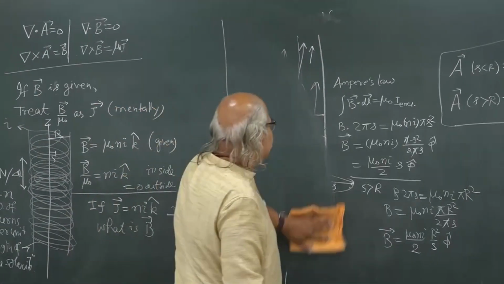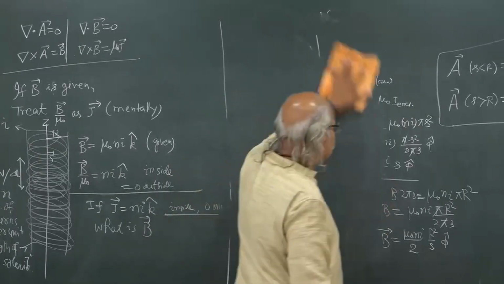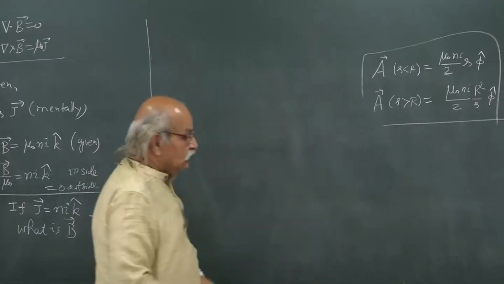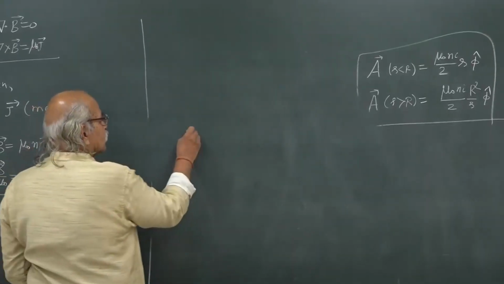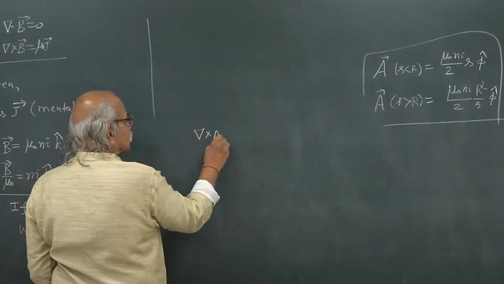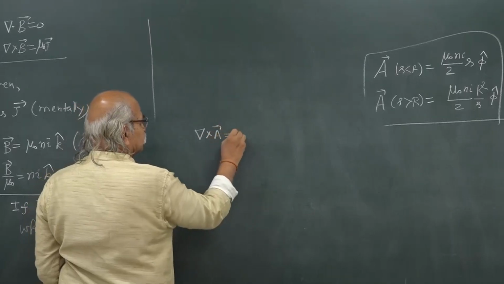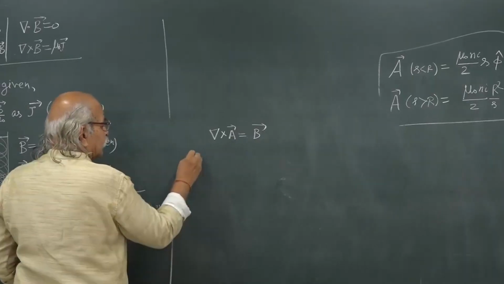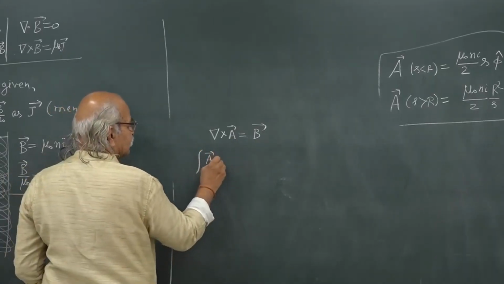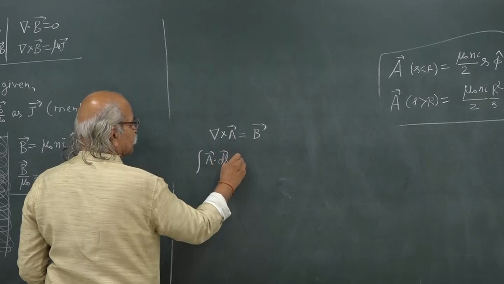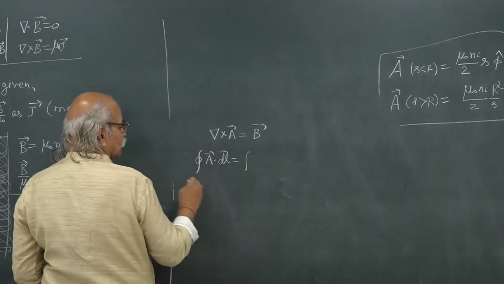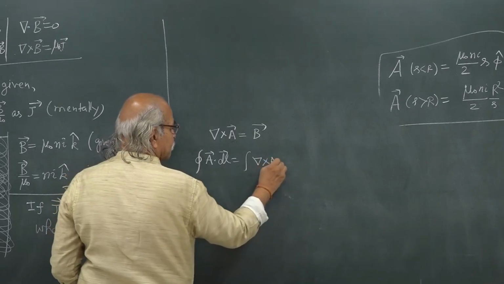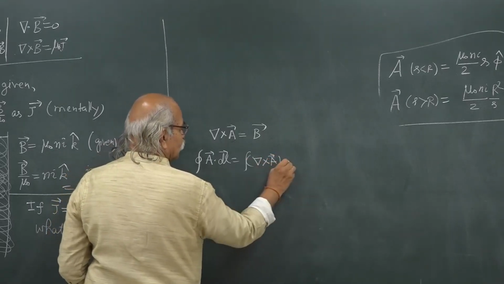And an interesting relation, just a short relation, is also good, since curl of A is equal to B. You can write A dot dl, on a closed loop, is equal to curl of A dot dA.